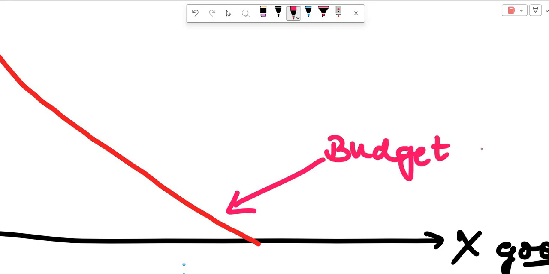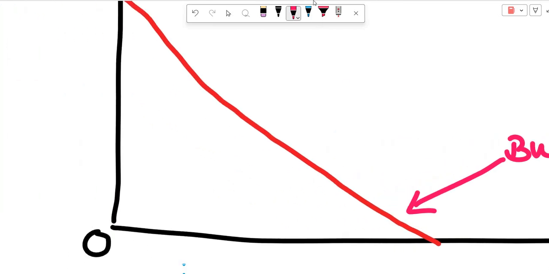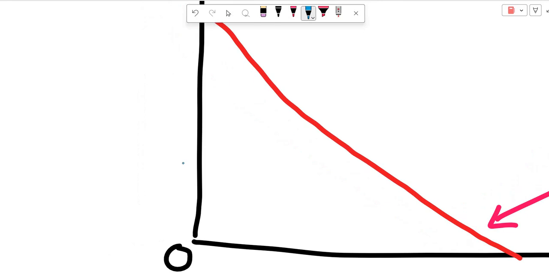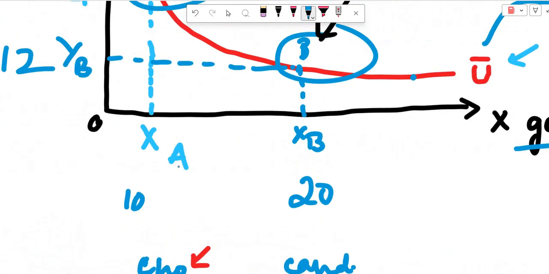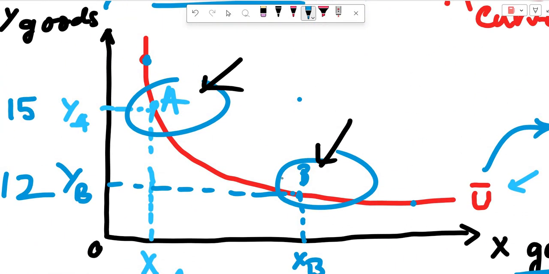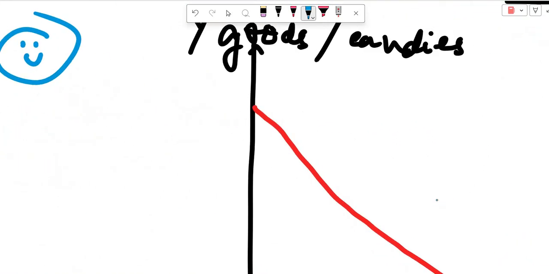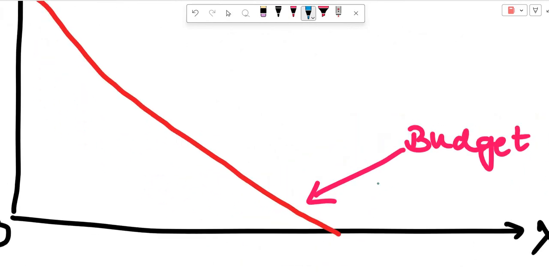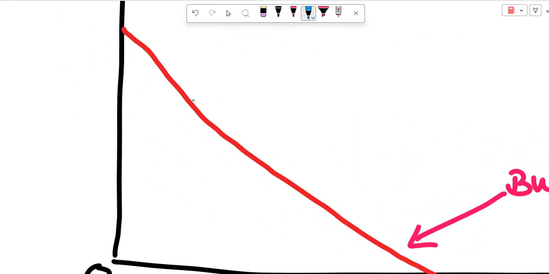Now, what is this budget line all about? It's a very pertinent question to what we are discussing right now. So let's just find out. If you think of it this way, the graph here has y goods on the vertical axis, x goods on the horizontal axis. This graph also has y goods on the vertical axis and x goods on the horizontal axis. So basically, the points on the graph essentially mean the same thing.